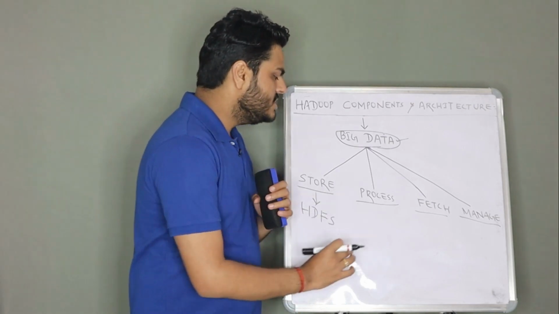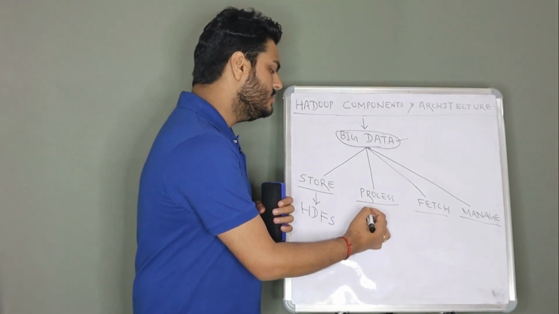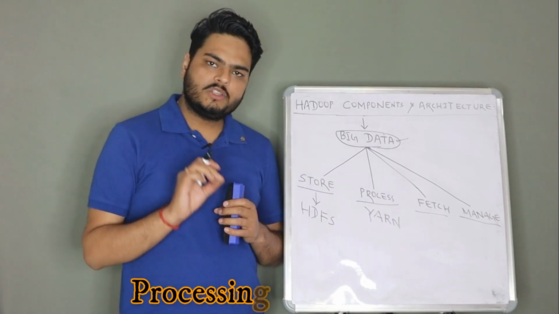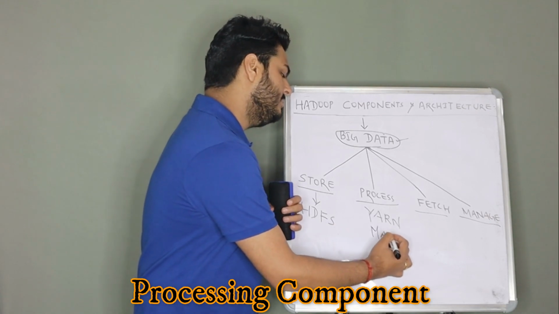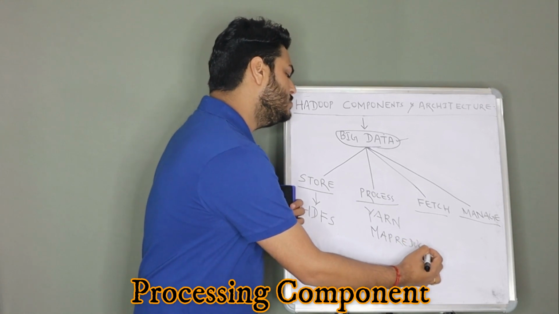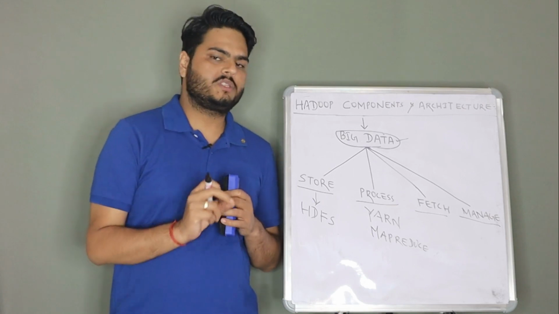Next is processing. When you come to processing, guys, you need to remember a couple of things. One is called YARN. The next thing you want to know is MapReduce. So these are the two components of Hadoop that are used for data processing.